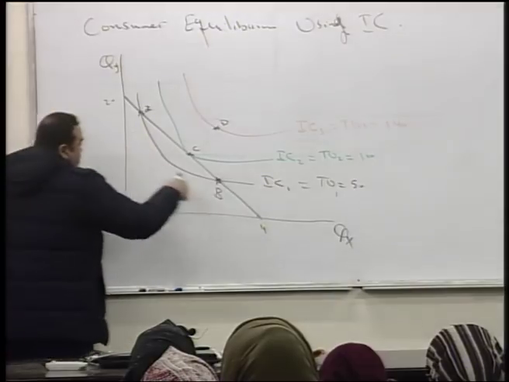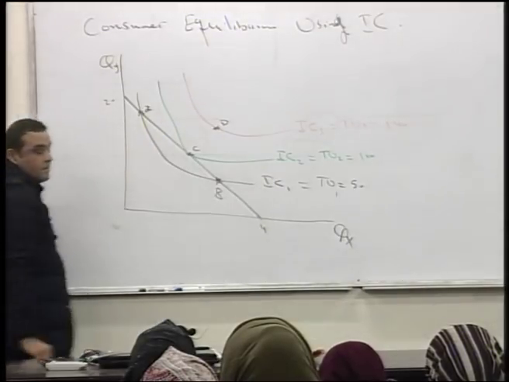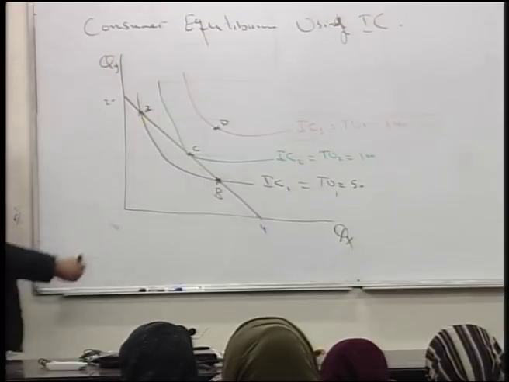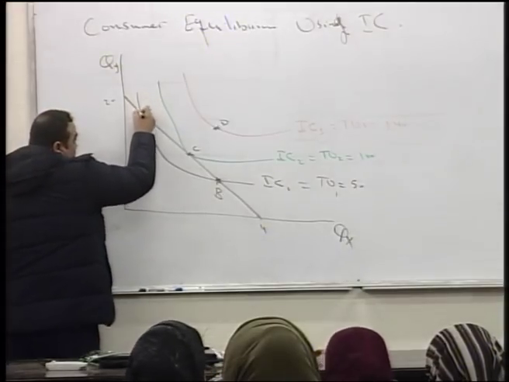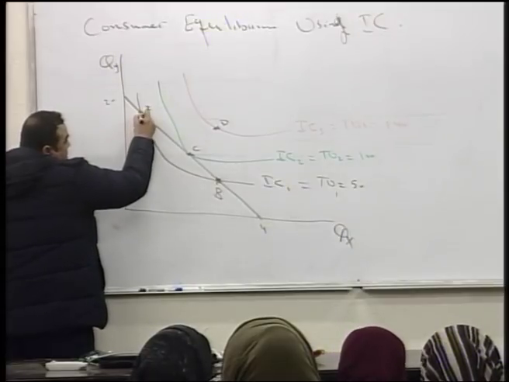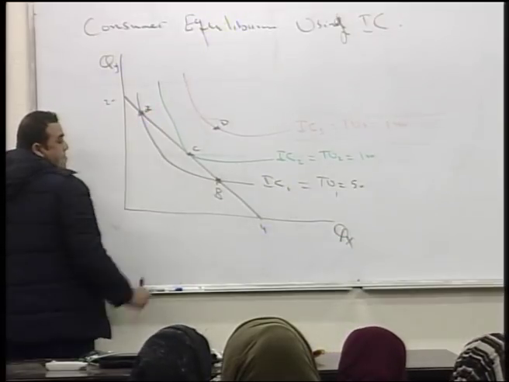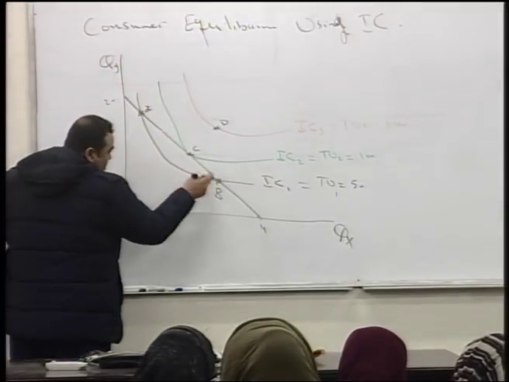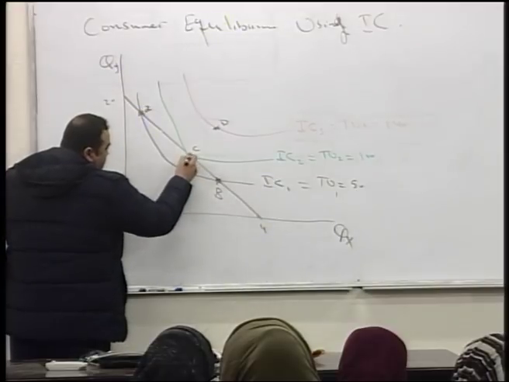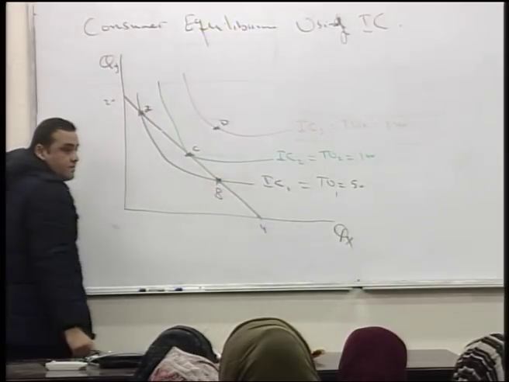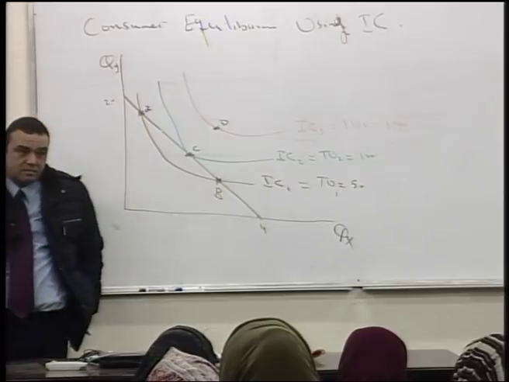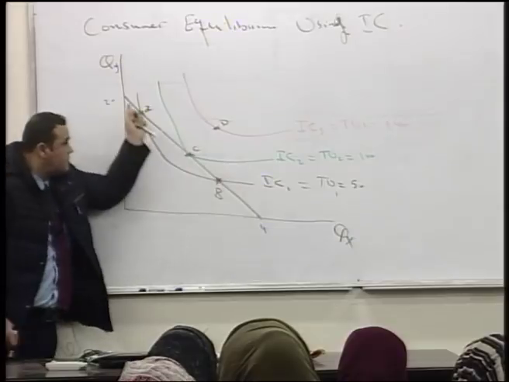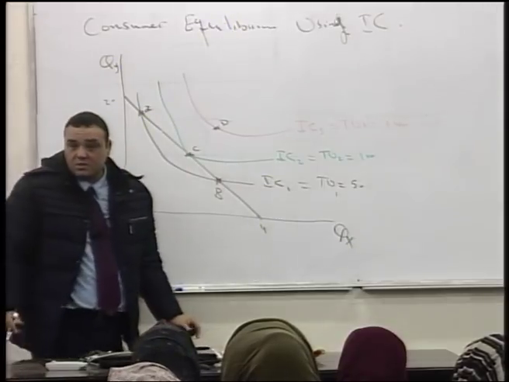He has different choices. The first choice, he can consume at point A or B, C, or M, N, or at C, or at D. He can buy here or here or here. Right?